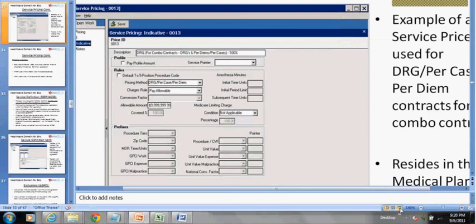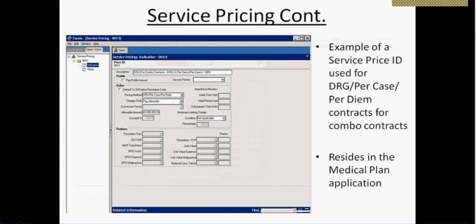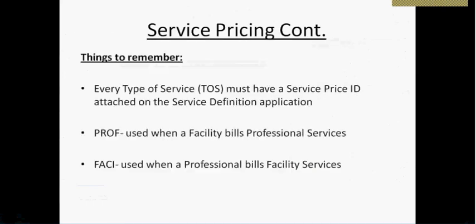So some of the key things that we need to remember here is that for every type of service, you should have a service price ID attached to the service definition. Just like we have your network ID tied to your agreement ID, we also need to have a service price ID. Then there are some indicators, like professional, in case professional services are provided by a facility, how you should do it.